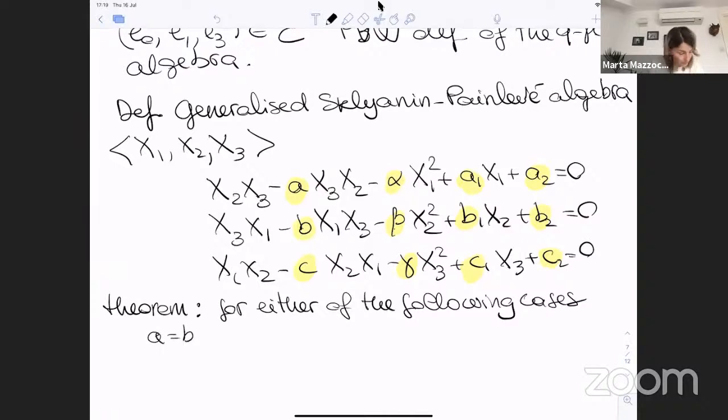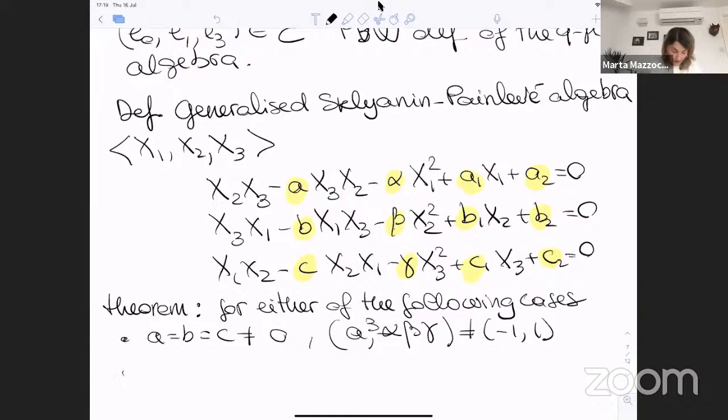It's A equal to B equal to C, different from 0. And then we want, oh, I never remember this, A cubed and alpha, beta, gamma different from -1, 1. This is one case.